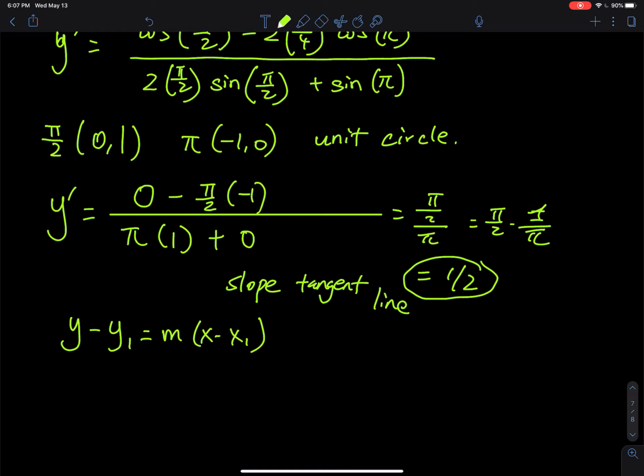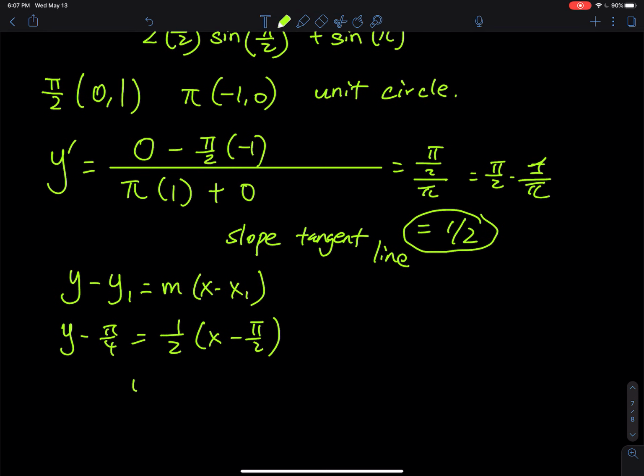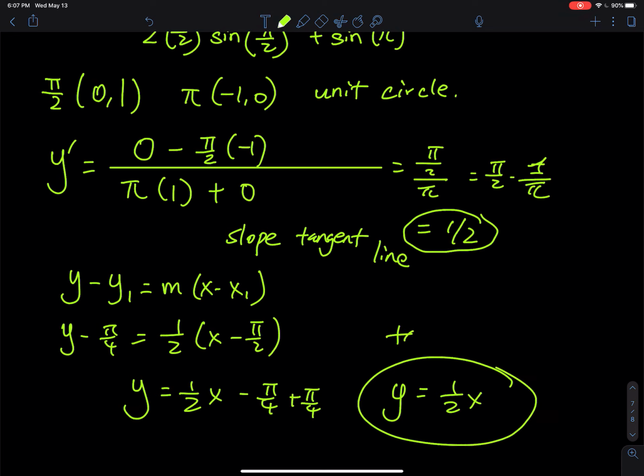So we have y minus pi over 4 equals 1/2 times x minus pi over 2. So overall, this is y equals 1/2 of x minus pi over 4 plus pi over 4, and then they just cancel, right? So y equals 1/2 x. This is your tangent line.